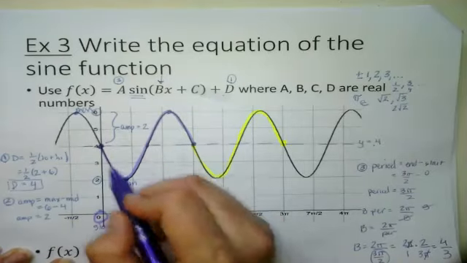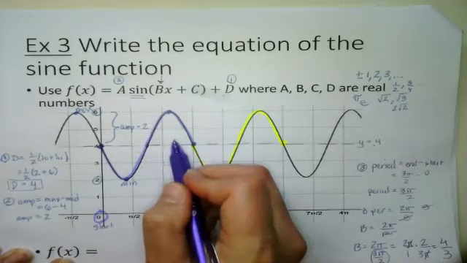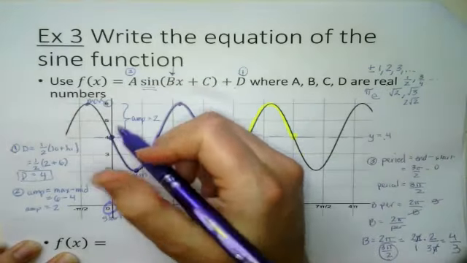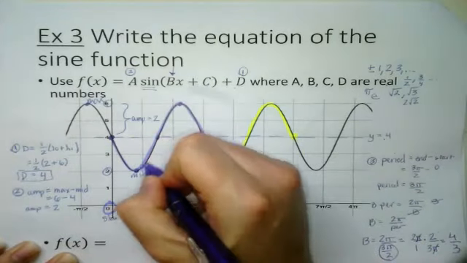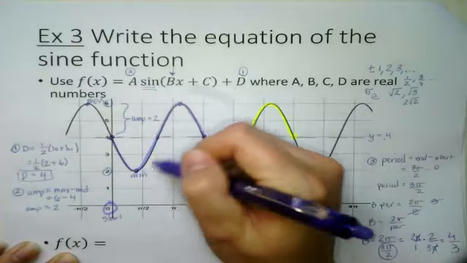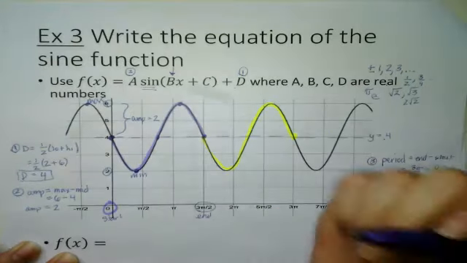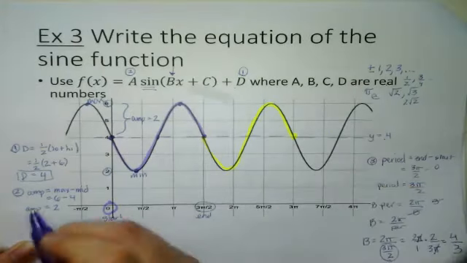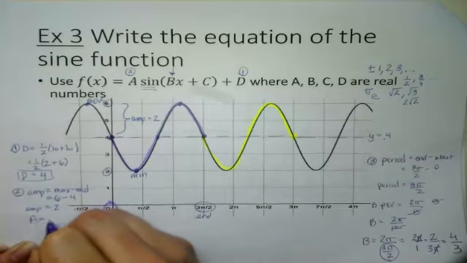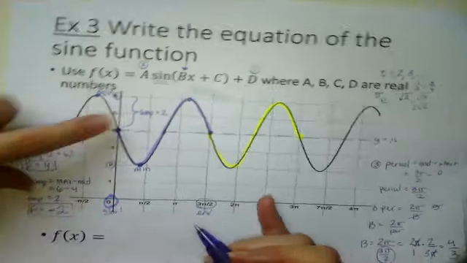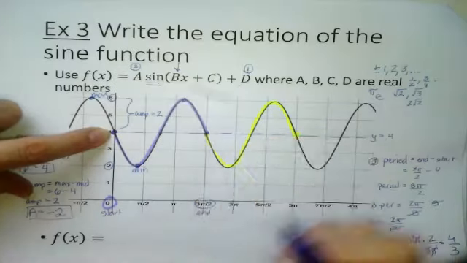My amplitude, because this is a negative sine curve, it's the reflected curve, my a value, we said, is going to be -2. So be very, very careful since we're just modeling this little section.